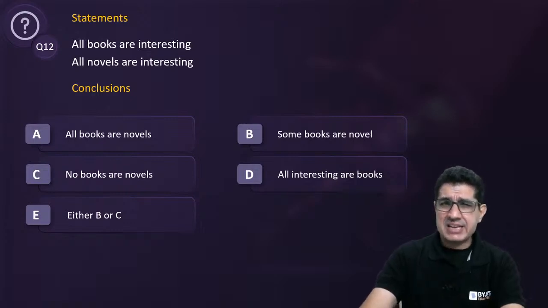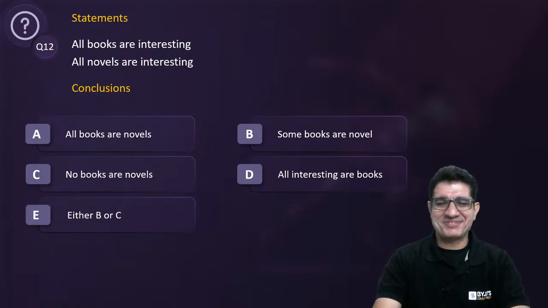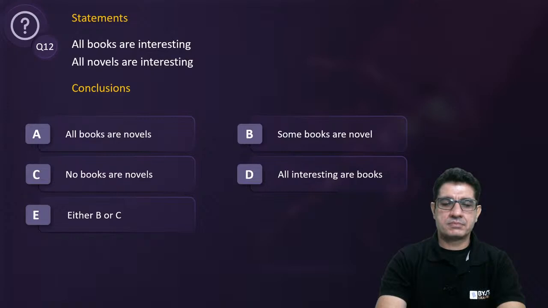This can turn out to be tricky for some of us. Let us see. Anirudh, Darushi, Resham, is this your answer for 12th?